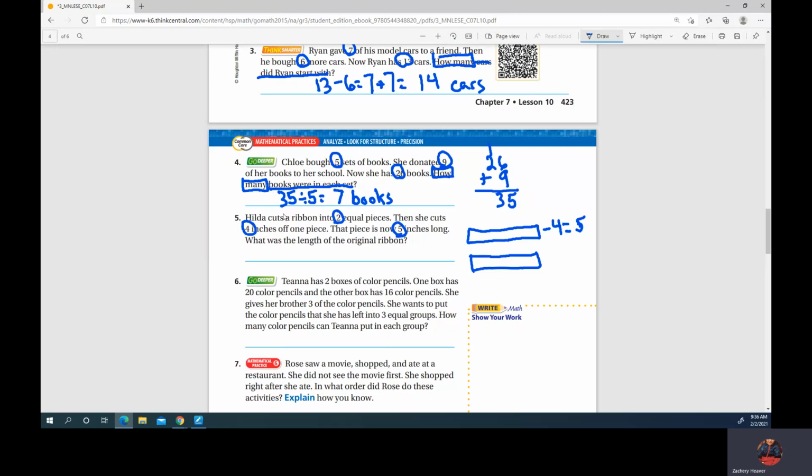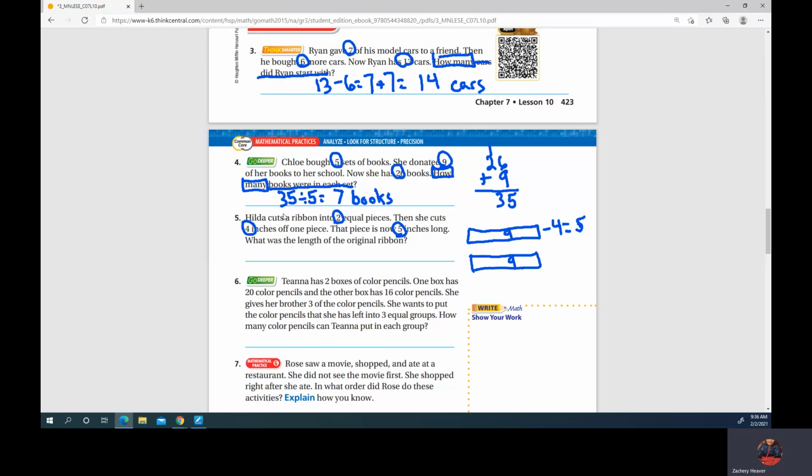So, what minus 4 equals 5? Think about that. Well, we can just go backwards. 5 plus 4 equals 9. So each piece of ribbon actually is 9, because if I take 4 away from 9, I get 5. But if I add that 4 back, it'll be 9.